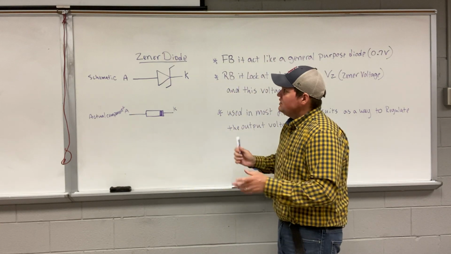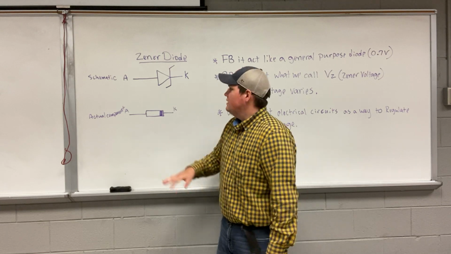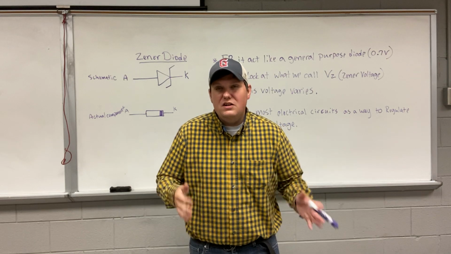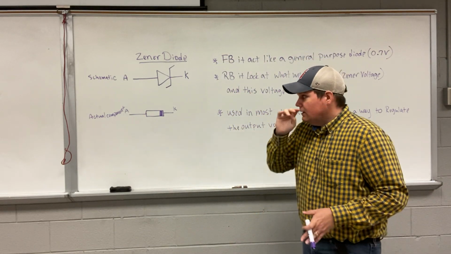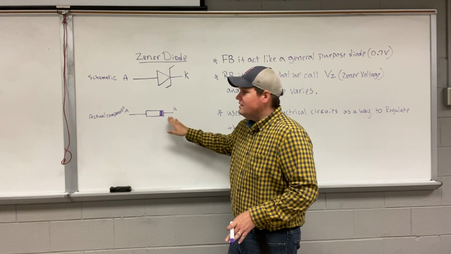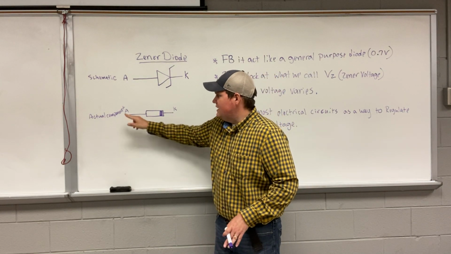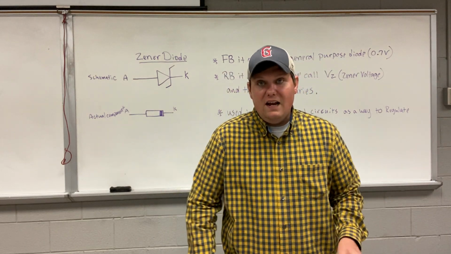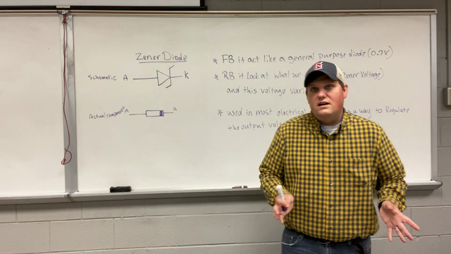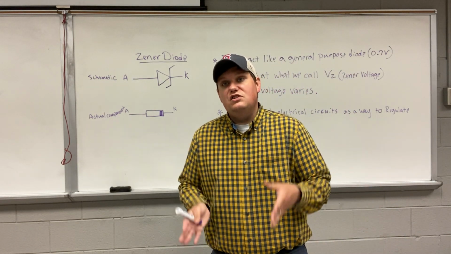Just like our regular general purpose diode, here's our anode and here's our cathode. On your actual component, the striped end is going to indicate the cathode, and the non-striped end is going to indicate your anode. It's the same thing with your general purpose diode, except general purpose diodes are generally black with a silver stripe.